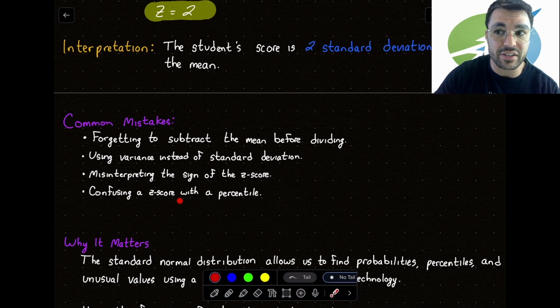Z-scores will typically be contained within -3 to +3. It can extend outside of that range, but you'll probably never see it outside of ±4. But the point being, it's working within plus or minus 3 or 4, as opposed to the percentile being on a scale of 0 to 100%.